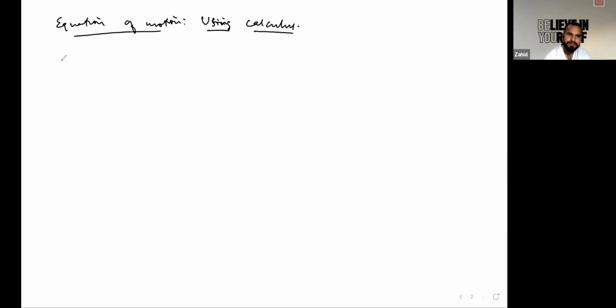So first is v equals u plus at, and this particular equation is also termed as the velocity time relation.